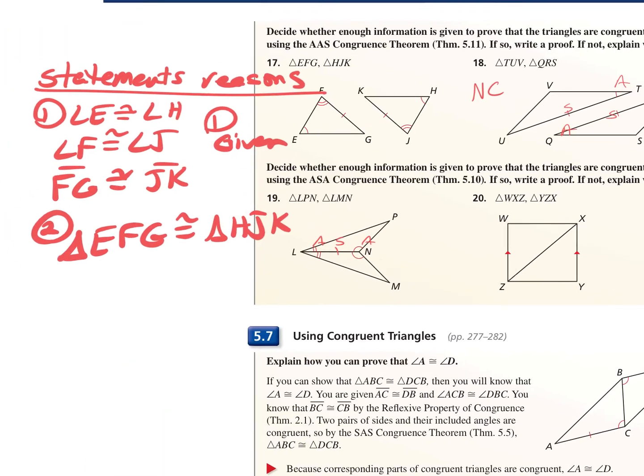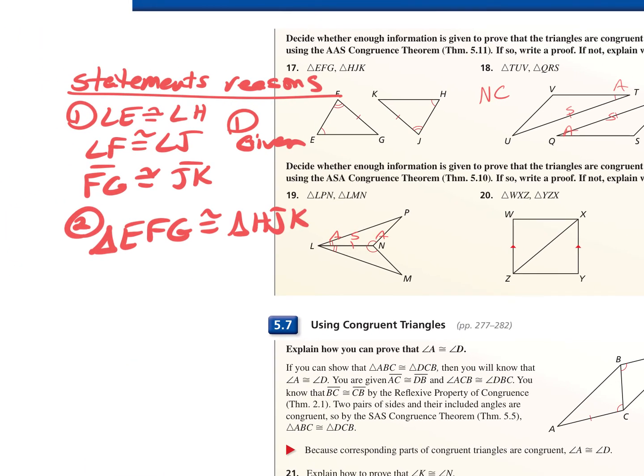So again, I would state all the given, but then also add in a step for the reflexive, and then go right to my statement. So statements, reasons, and again, the given. And I need to name these angles that are pictured here with the congruency marks with 3 letters. I can't just use 1 letter on these.